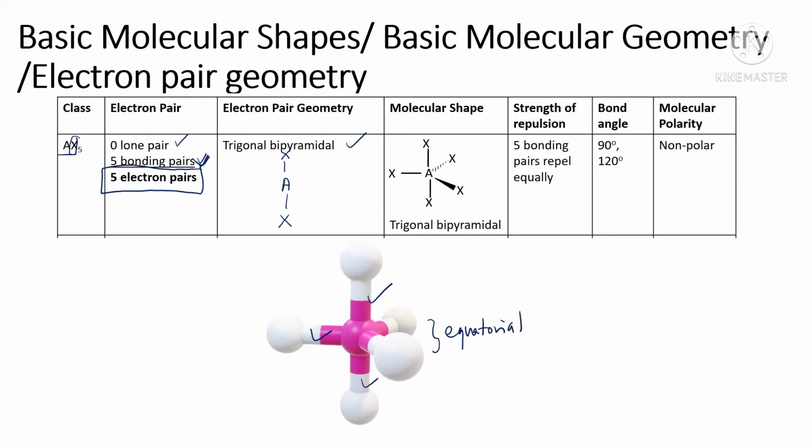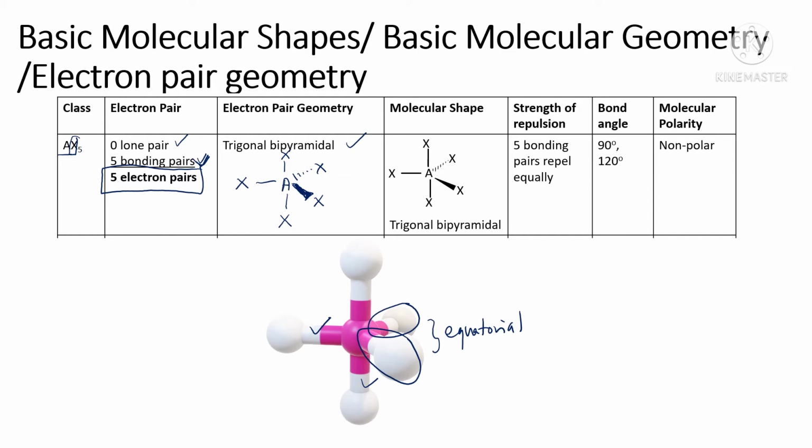So on the equatorial plane, we have this bonding pair, and then this bonding pair pointing towards us. So we use solid wedge to represent the bond pointing towards us. And then another bond pointing away from us. So we use dash wedge to represent the bond pointing away from us.